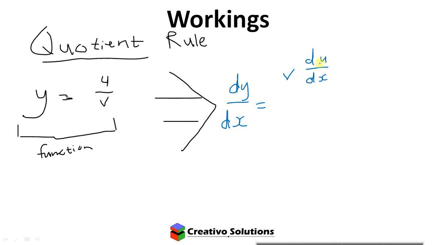So the derivative of u times the expression v, minus the derivative of v times u, all over v squared. Okay, that's the formula. So that's quotient rule. That's how you would apply it.